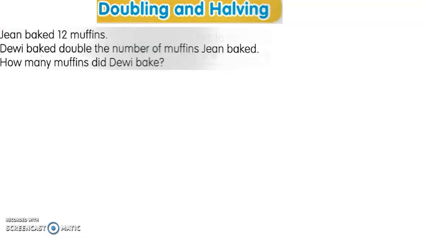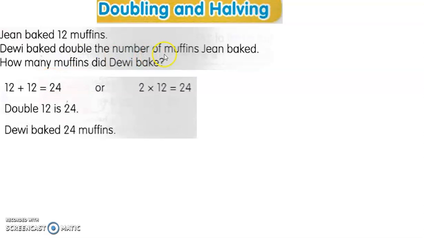So let's move on. There is a question here. Jen baked 12 muffins. Dewey baked double the number of muffins Jen baked. How many muffins did Dewey bake? Actually, this question is asking us to get the double of the number of muffins Jen baked.